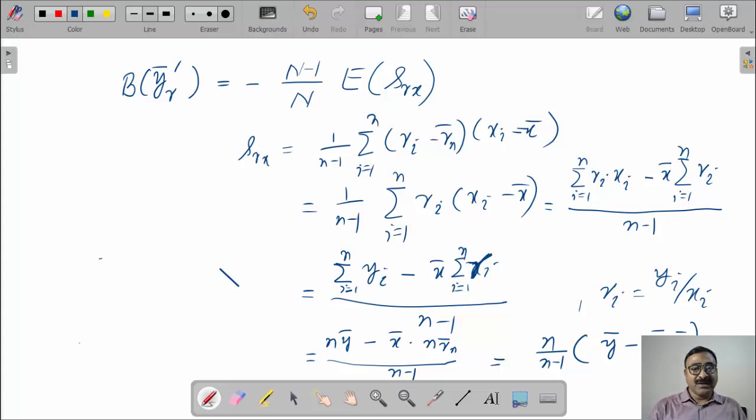Now here the expectation of s_rx, where s_rx equal to this. Now we can use this value to find an unbiased estimator of the bias.